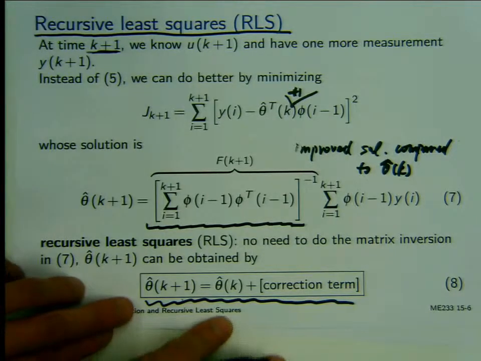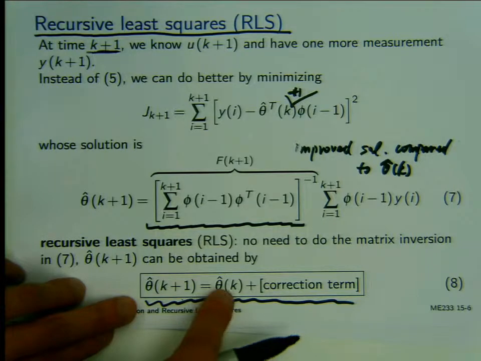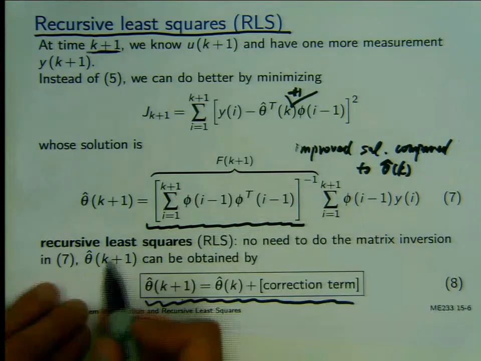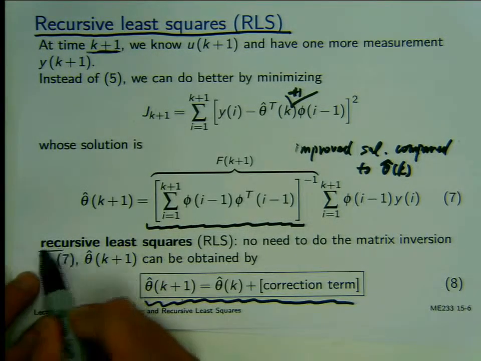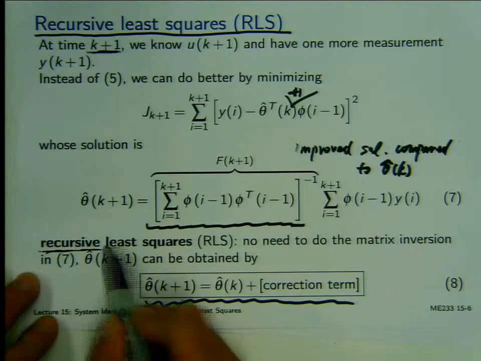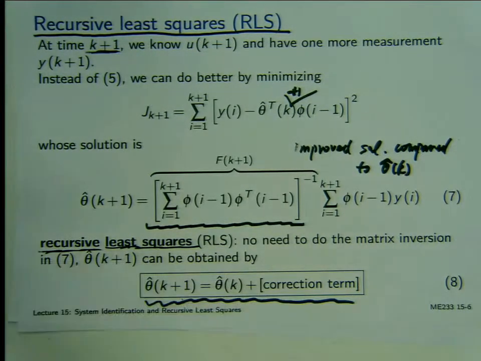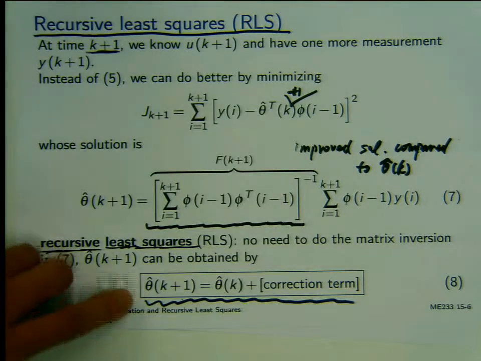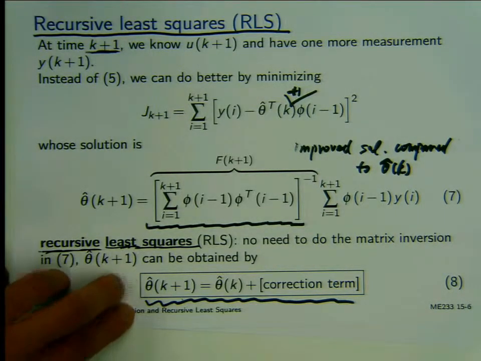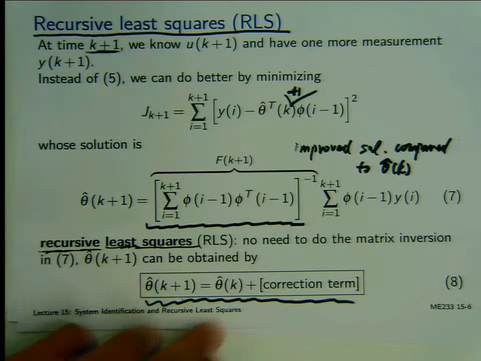You can simply obtain the result by adding some correction term to theta hat k, your obtained solution at time k. That's the central idea, and that's why it's called recursive least squares. So it's an iterative process. You improve the result step by step. This is the main equation we're going to focus on, and I will explain why this equation holds.